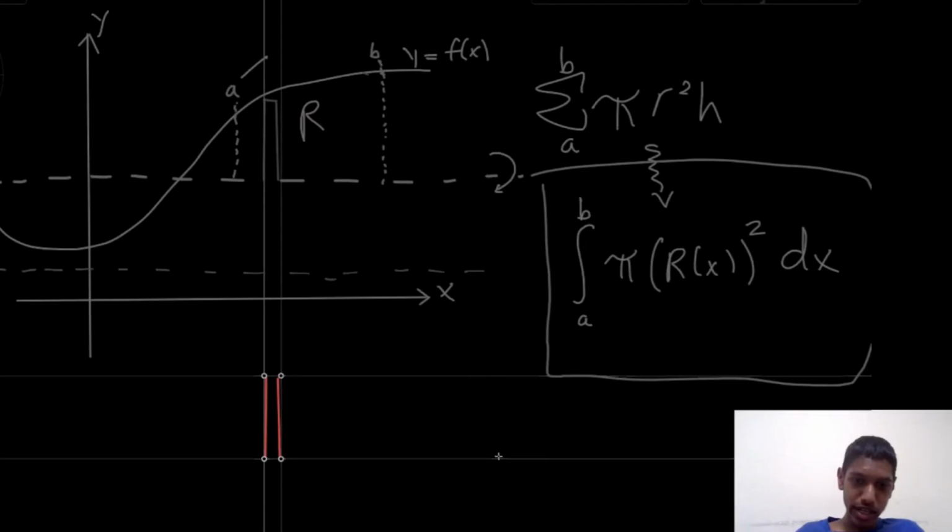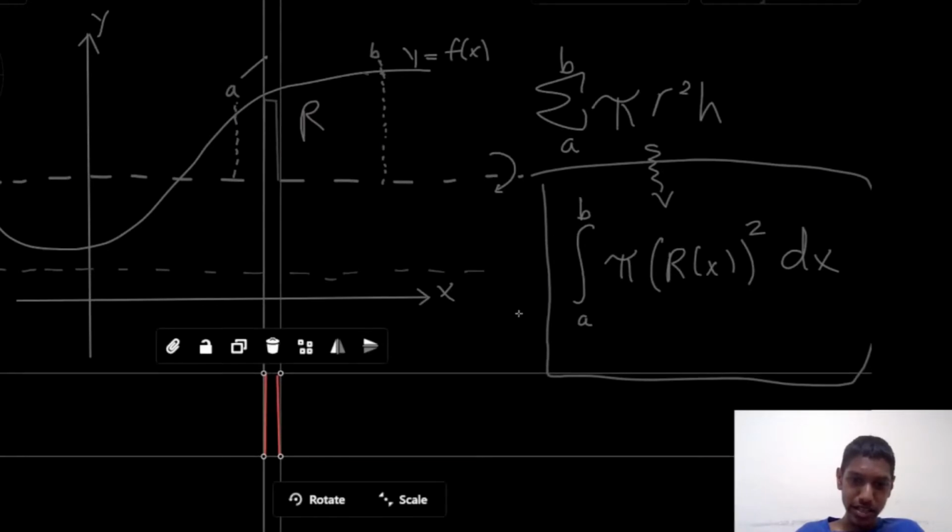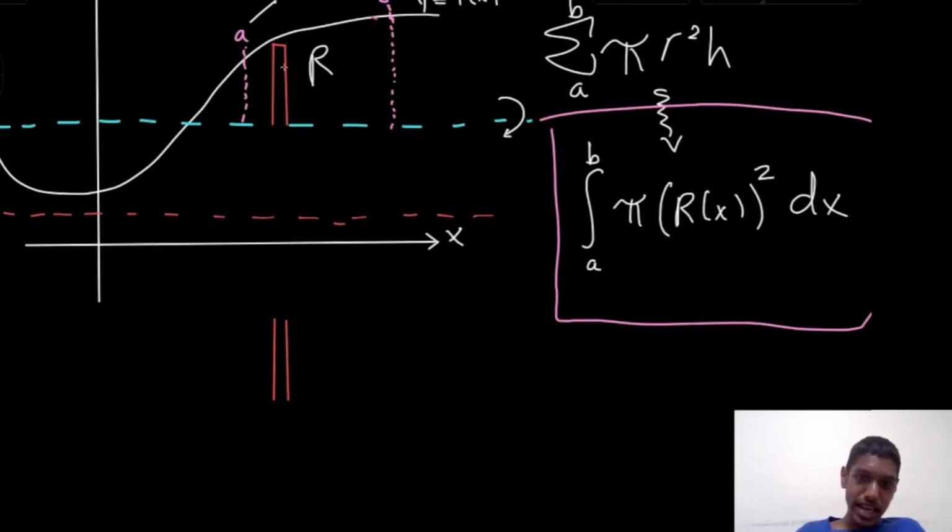It has to go all the way, maybe right there. And then you have this whole deal, where it looks sort of like this. I do apologize, the drawing's not the best.